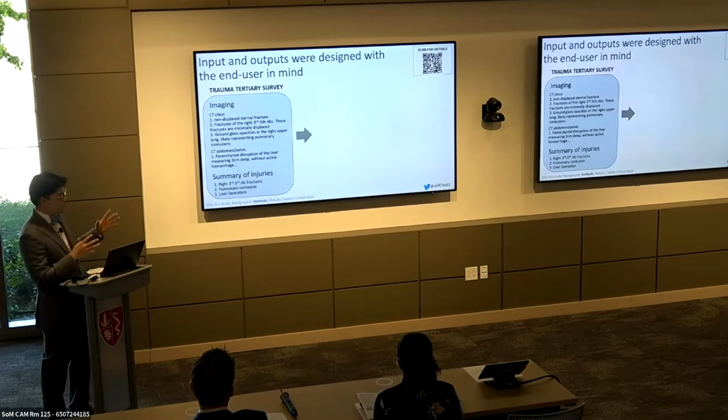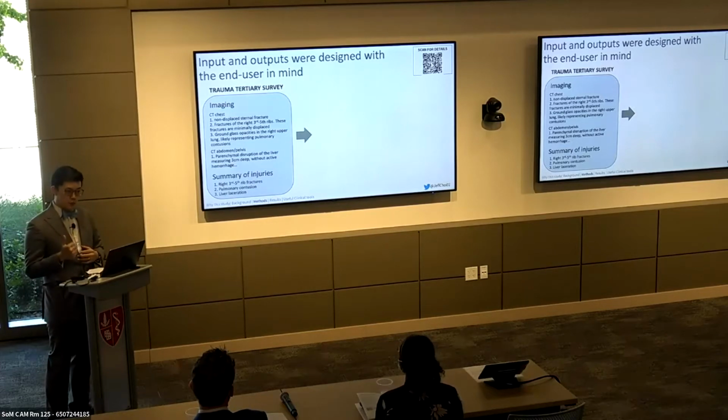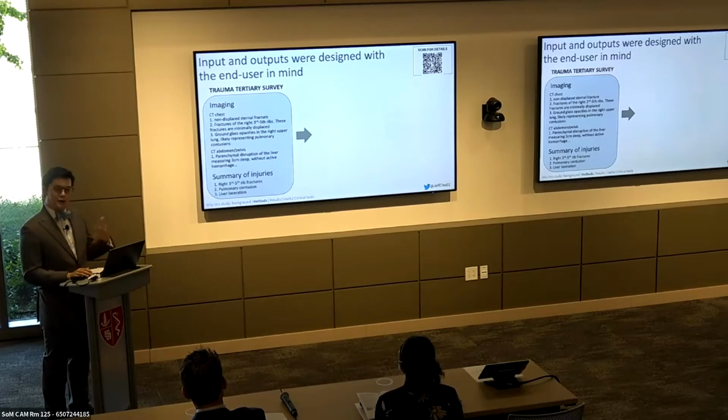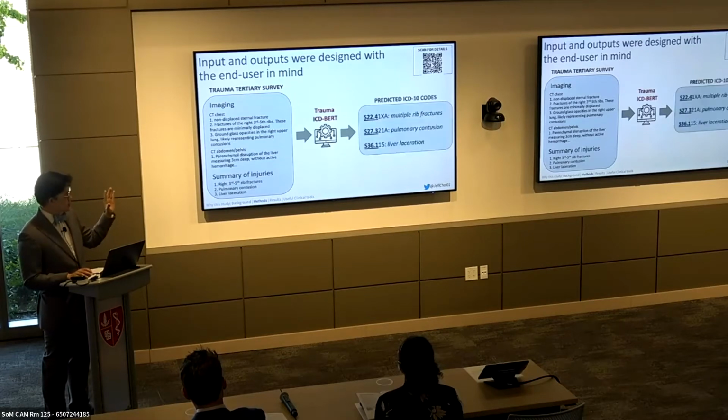To make codes available real time, the model input has to be notes that succinctly summarize the injuries that the patients have, and notes that are ideally written within 24 hours of a patient coming into the hospital. So what kind of notes is that? Trauma tertiary survey notes. So Trauma ICD-BERT was trained using trauma tertiary survey notes as the input variable, and it would output the list of predicted ICD codes, as an example here.